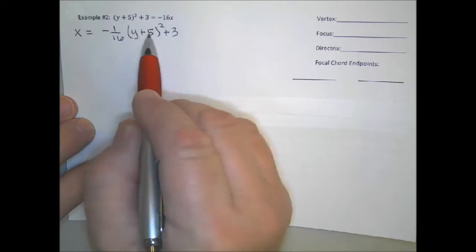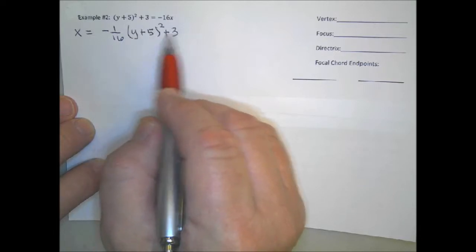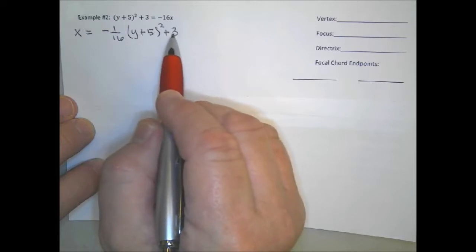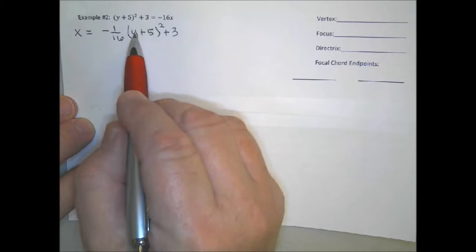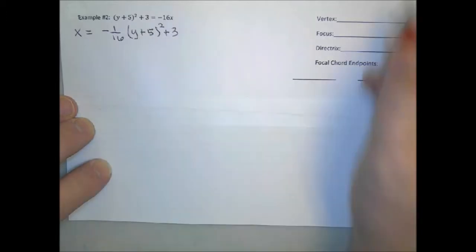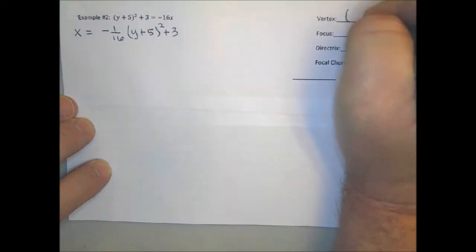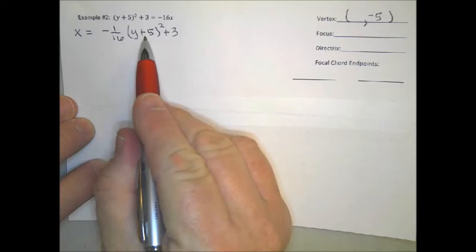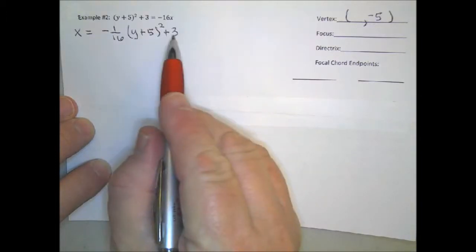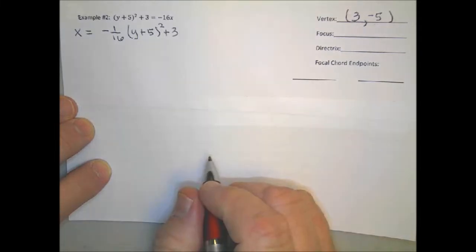Whatever's in the parentheses is always opposite, and whatever is afterwards at the end of the equation is always the same. So the y-coordinate of the vertex is -5. So let's go over here to vertex, and let's put -5 in the y-coordinate. And then the x-coordinate of the vertex is positive 3.